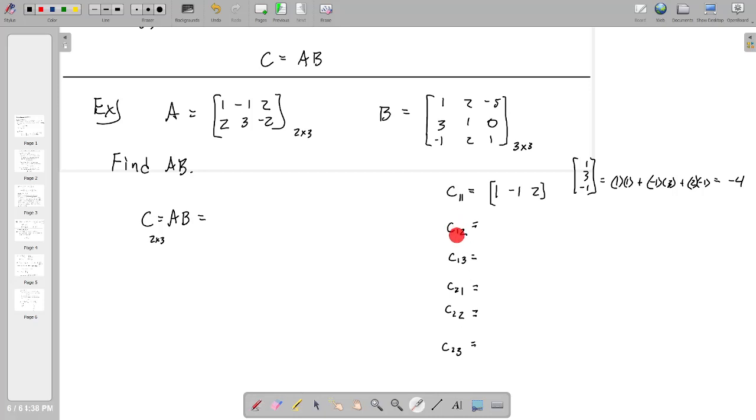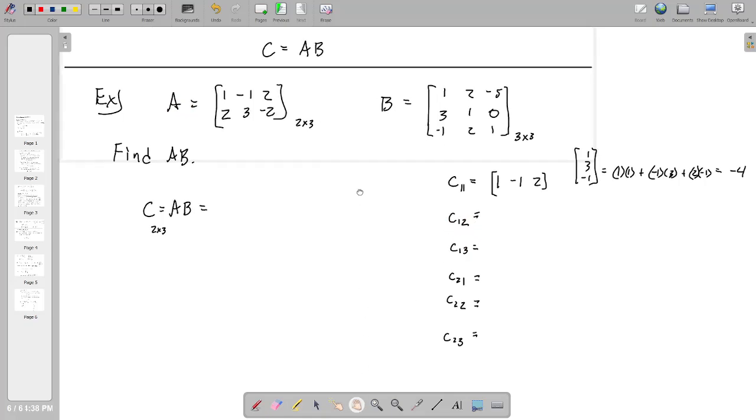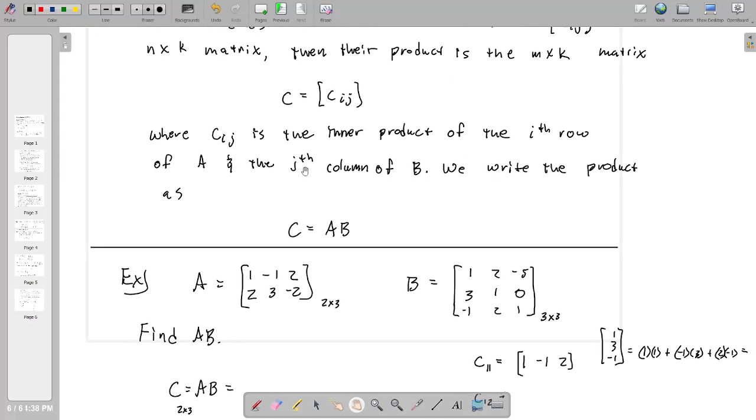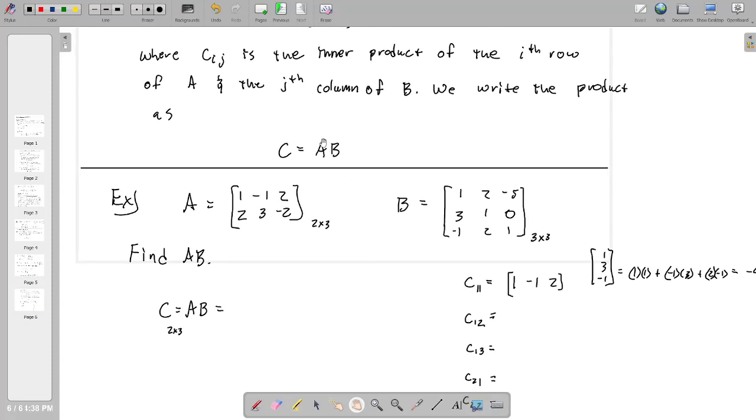Now I take the first row of A and the second column of B because we're looking at C12. Again, ith row of A, jth column of B. When I say A and B, it's only because A is first here and B is second, so we take the row of the first and the column of the second.